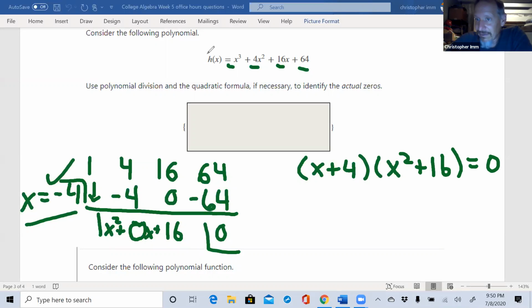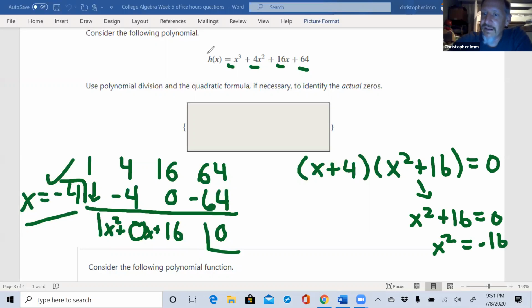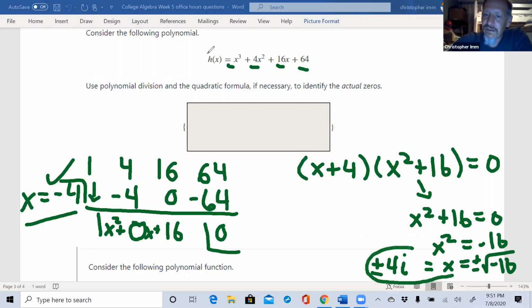In fact, I don't even have to use that here. I can use the square root method. If I say x squared plus 16 is equal to 0, I have x squared is equal to -16. As long as I know to take a plus or minus when I take a square root, I have x equal to plus or minus the square root of -16, which gives me plus or minus the square root of -1, which is i, and 16 is 4. So I have these three zeros: -4 and plus or minus 4i.